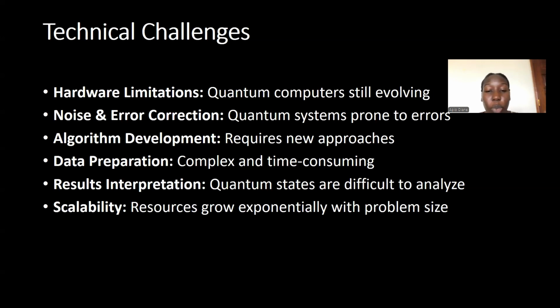Quantum computers are prone to noise errors. When we talk about noise, these are random fluctuations that arise from the randomness and uncertainty of the fundamental laws of quantum mechanics. A little explanation: in quantum systems, there are particles like electrons, photons, and atoms that exist in multiple states, which is known as superposition.